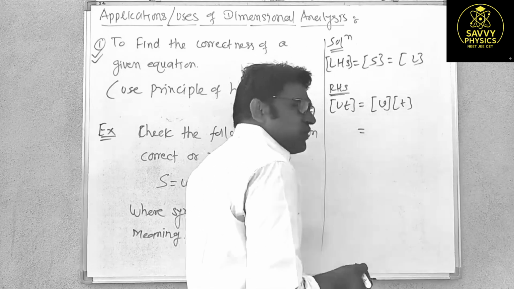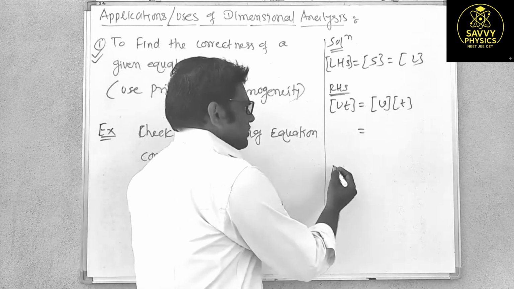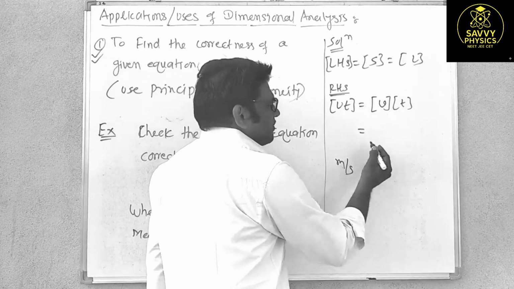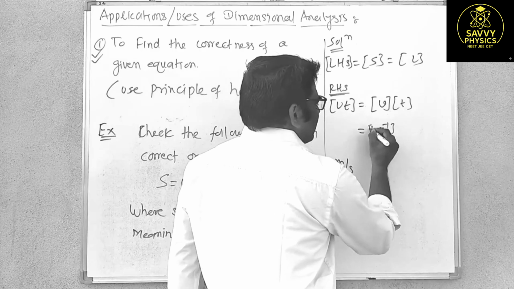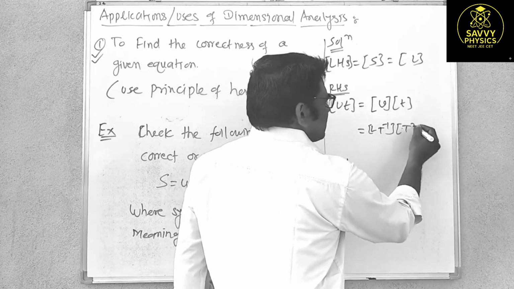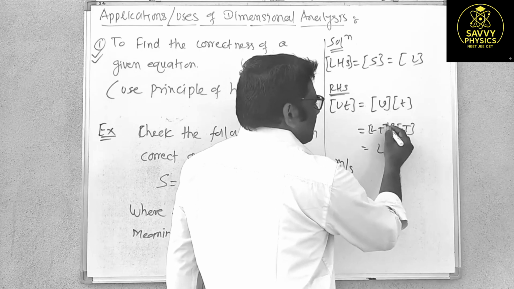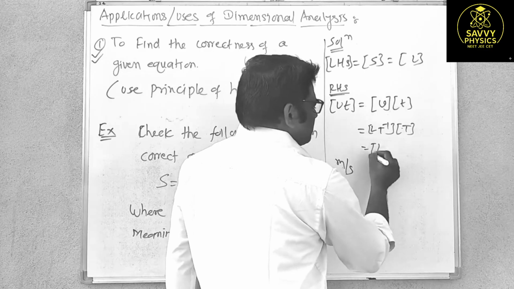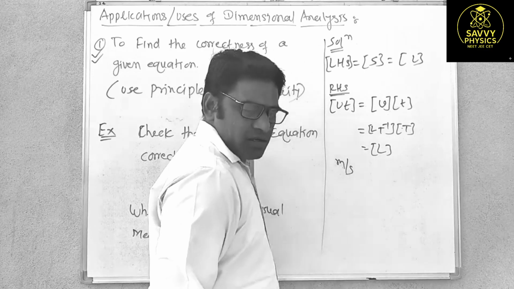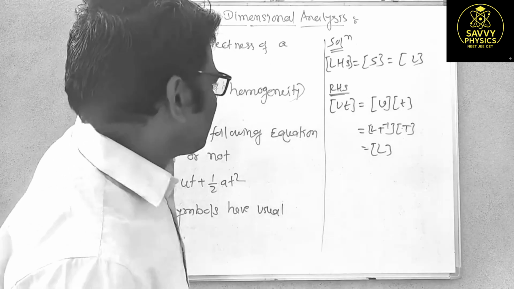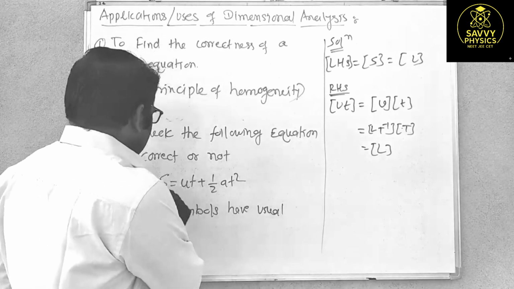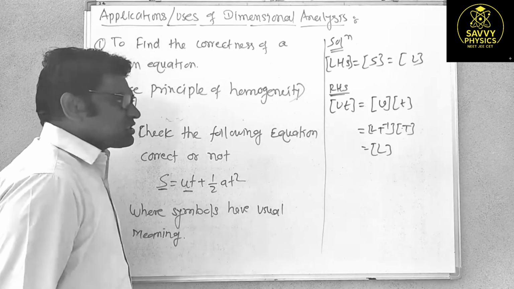Velocity means meter per second. Meter means length, second means time, so T to the power minus 1, into t. Time is T. So this will be L T to the power minus 1 plus 1, which is T to the power 0. So L. Yes or no? So the dimension of this term should be equal to the dimension of this term. So it is there.